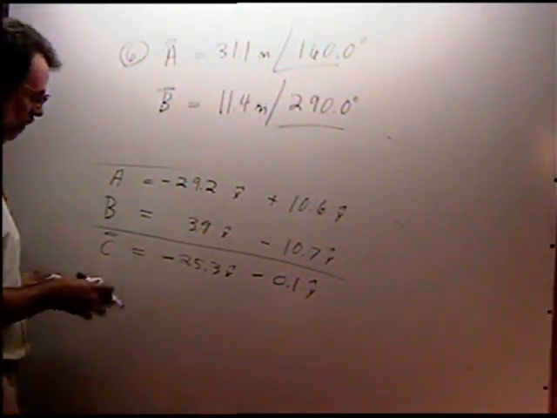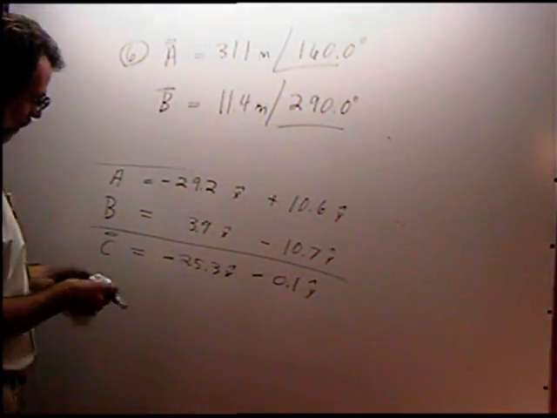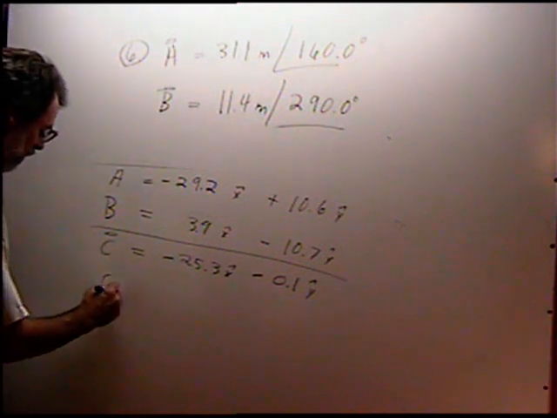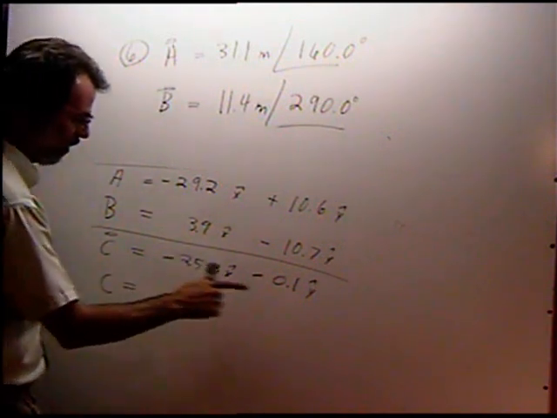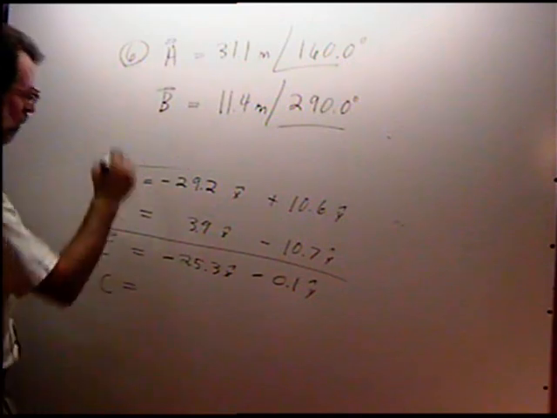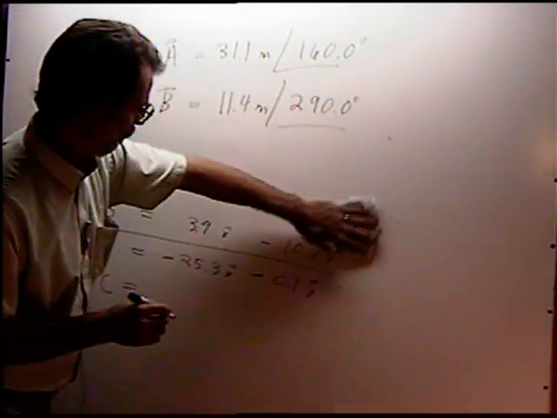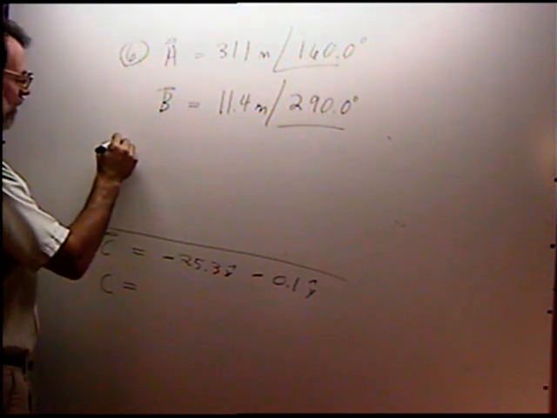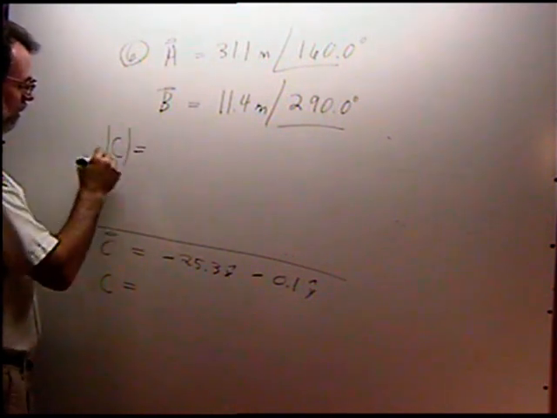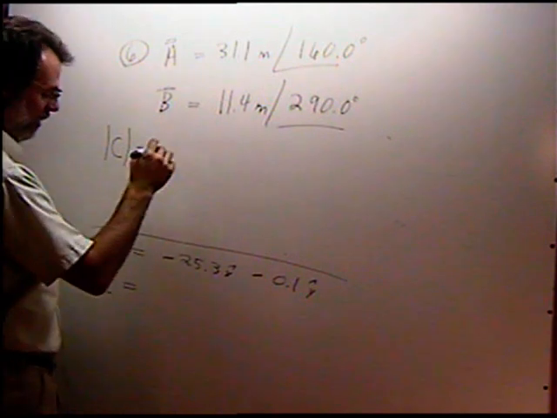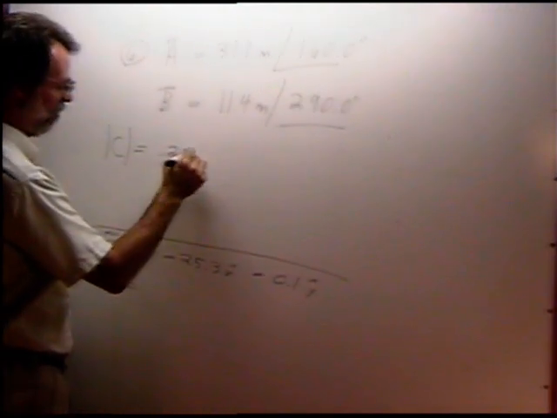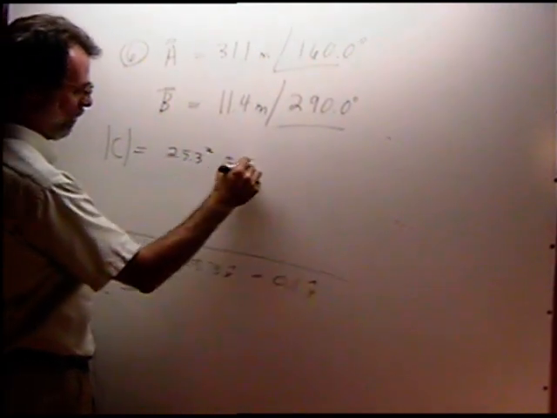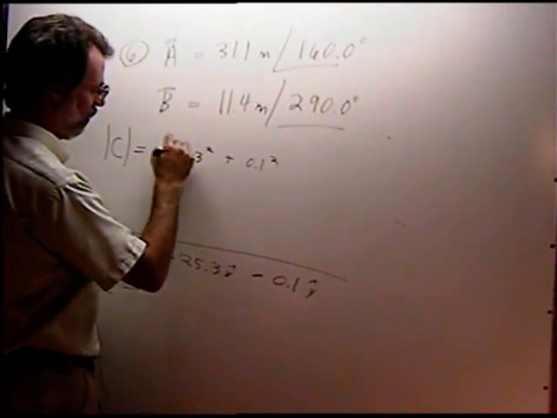Okay, so the magnitude of C is simply this squared plus this squared, square root. I'm going to put this right up here, just to make it higher for you. The magnitude of C is 25.3 squared plus 0.1 squared, square root of.